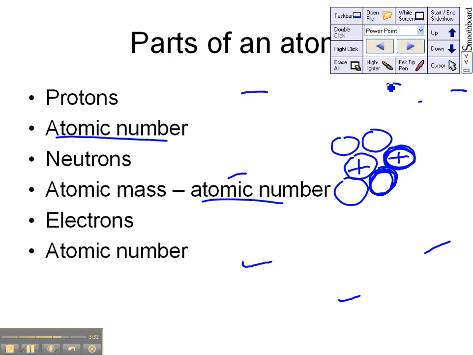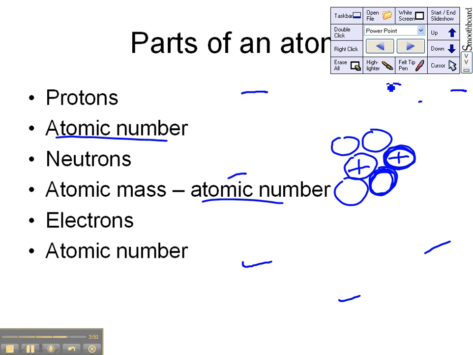Electrons weigh very, very little. Electrons weigh almost nothing. I don't know the numbers exactly, but an electron is something like 1/2700th of a proton. So protons are heavy inside of an atom, while electrons are very, very light.